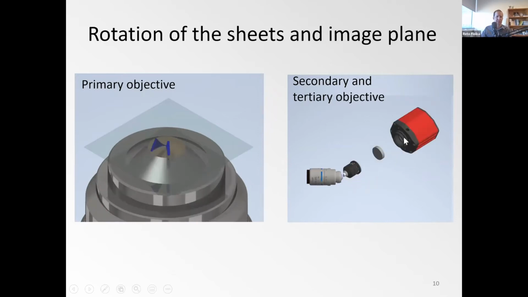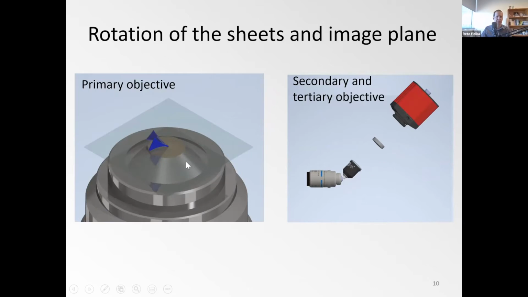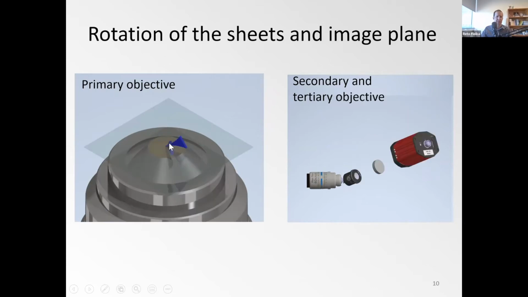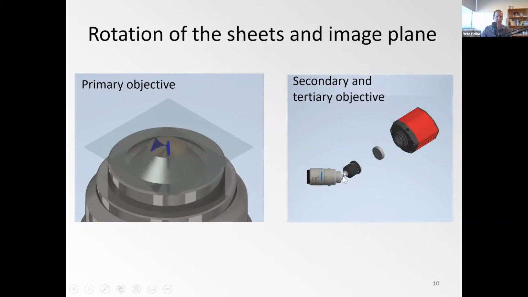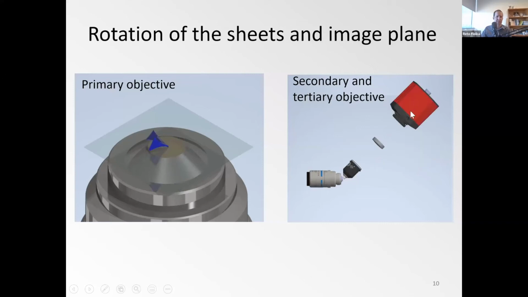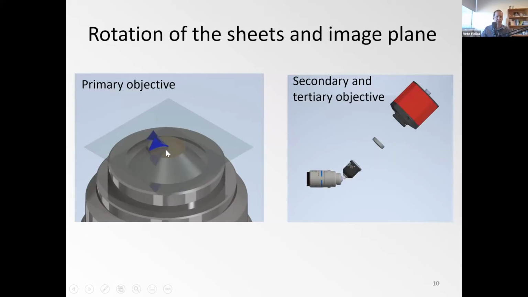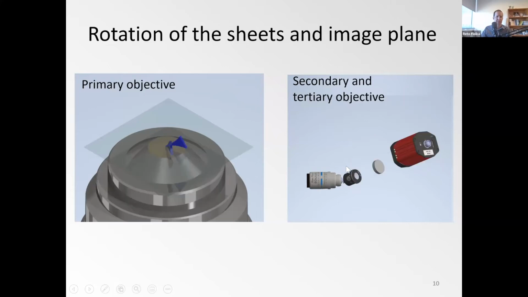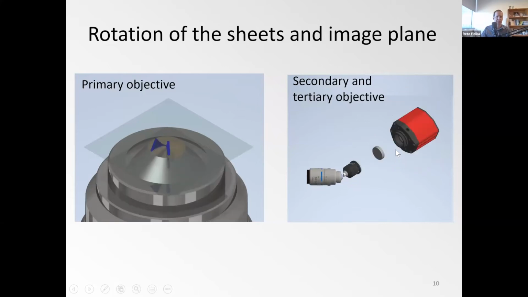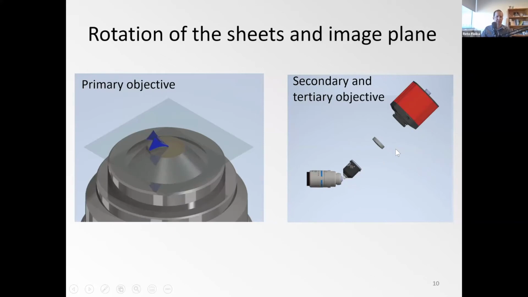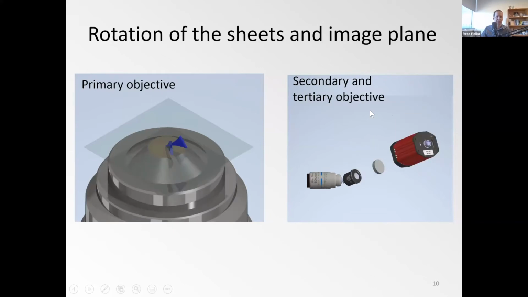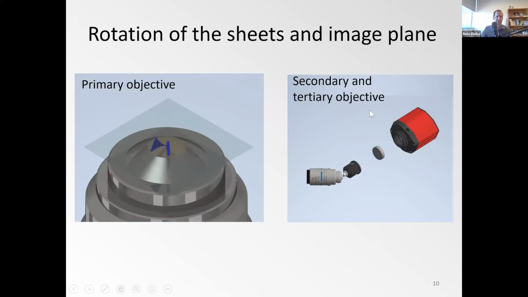However, to form a sharp image on the camera, as these light sheets rotate, their image would rotate too. And as such, this whole tertiary arm would need to co-rotate to form a sharp image of each angular orientation of the structured light sheet. And that would be quite a headache, maybe on a similar scale as fusing together three illumination objectives.